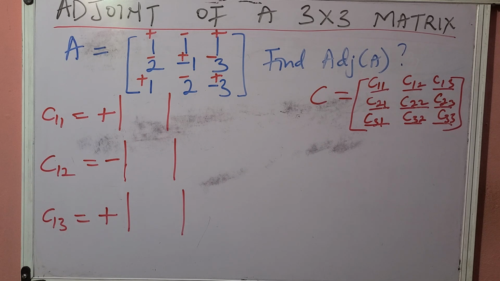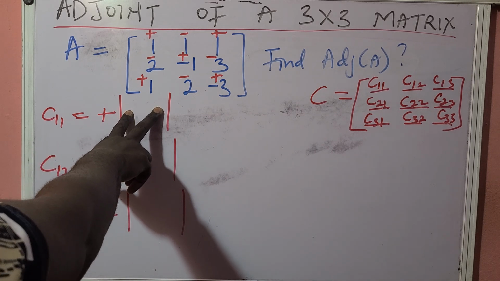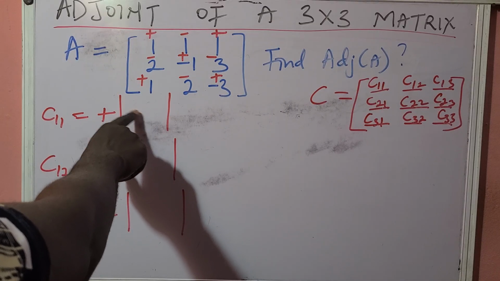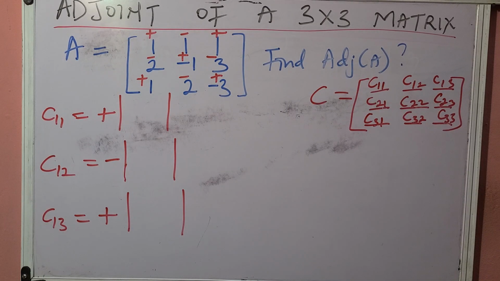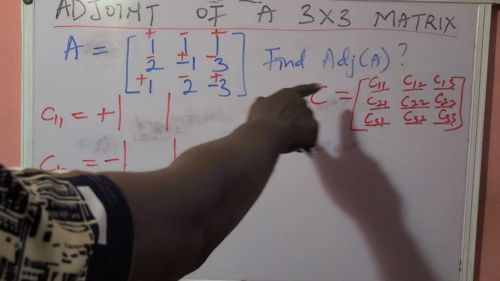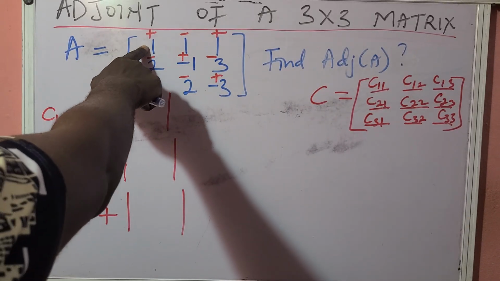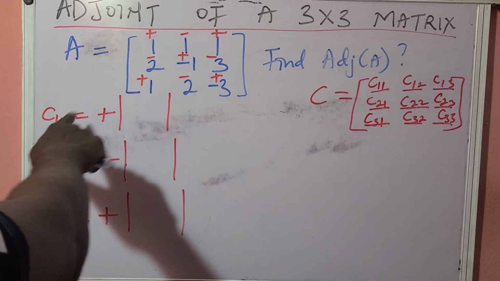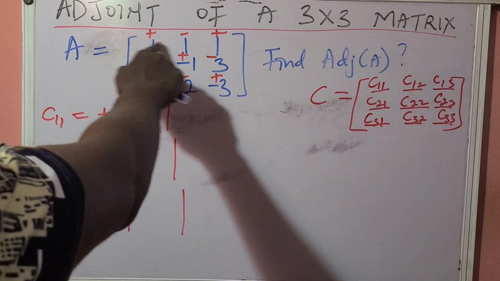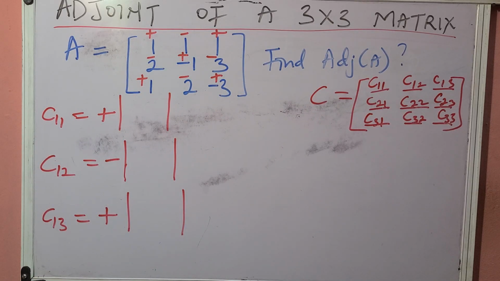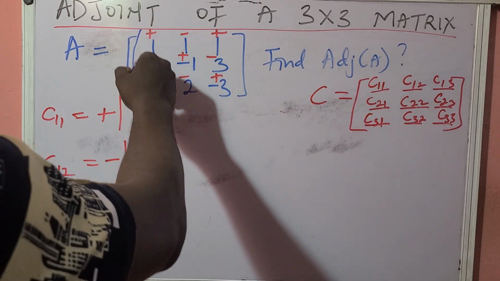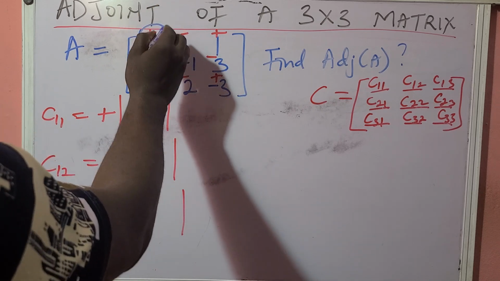So how do you fill in the value for a matrix in this determinant braces? Of course, the same way we solved for the determinant of a 3 by 3 matrix. What you have to do here is understand that C11 rests in row 1, column 1. So you go on to cut off the entirety of row 1 and column 1.